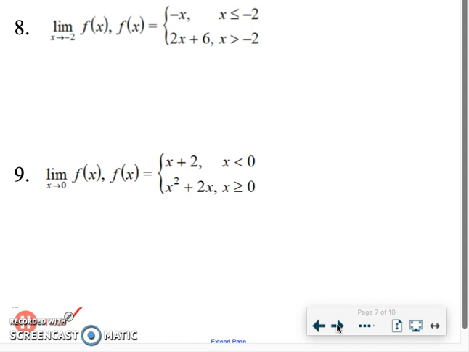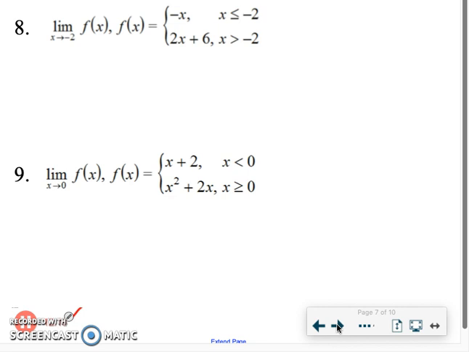So next, we're taking a look at a problem like number 8. We want to find the limit as x approaches -2. And as we can see here, we've got this disjoint function to where we have two distinct functions that are kind of playing into this. We know that if x is less than or equal to -2, we're going to use the top function.